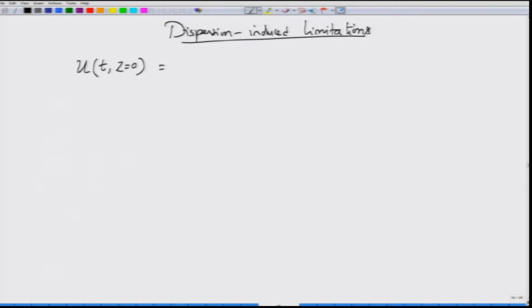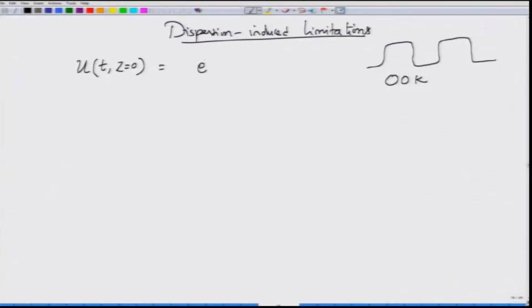Although in practice the pulses are not really Gaussian, for this type of pulse shaping that we normally use in on-off keying systems, it is still okay to consider Gaussian because they are quite easy to work with to get some analytical formulas to help us understand how dispersion affects the system. So, assuming that this is a Gaussian pulse shape, we can write this as exponential of minus t square by 2 T0 square.